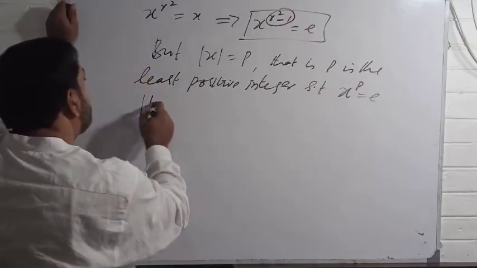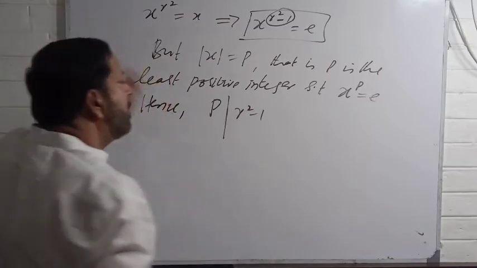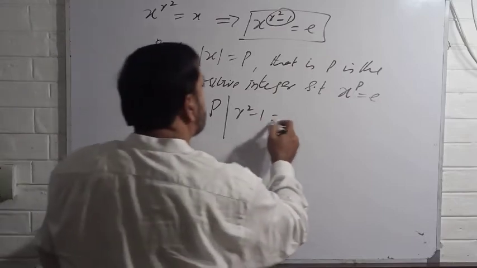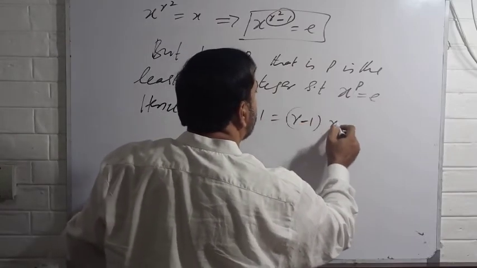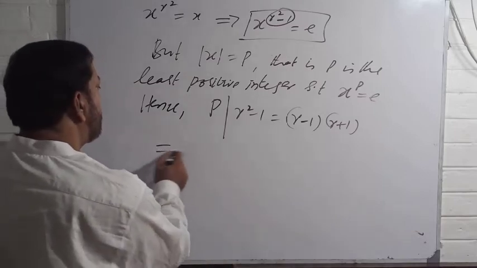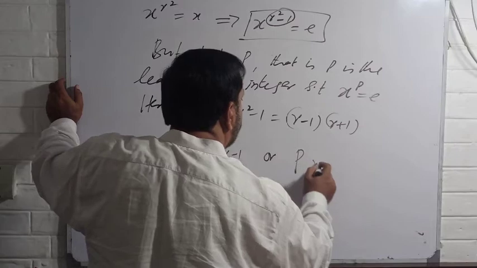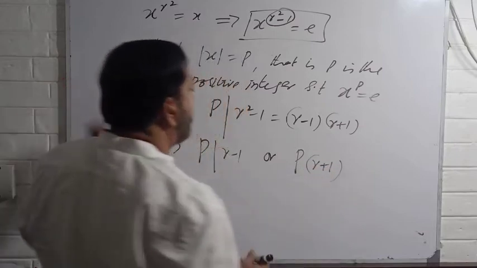Hence, p divides r square minus 1. And what is r square minus 1? You know, this is equal to r minus 1 into r plus 1. So this implies that p divides r minus 1, or p divides r plus 1. Okay.